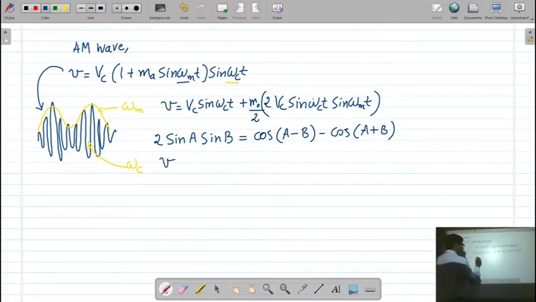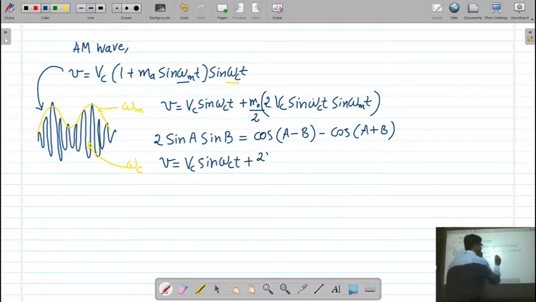Then my modulated wave is written as Vc sine omega ct plus Ma Vc divided by 2 into bracket.